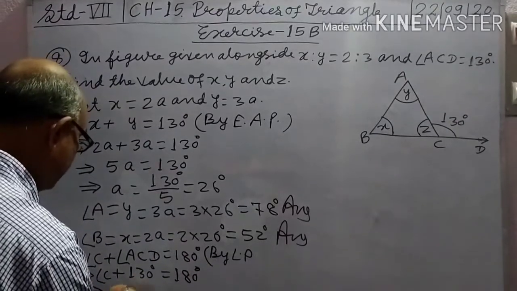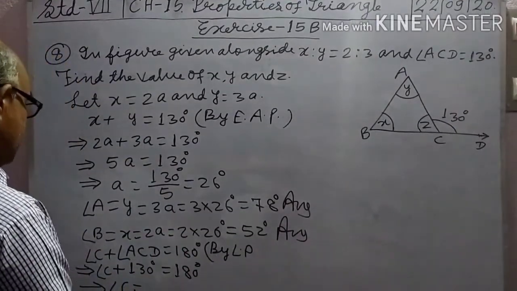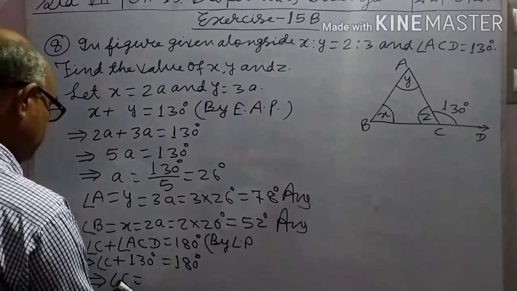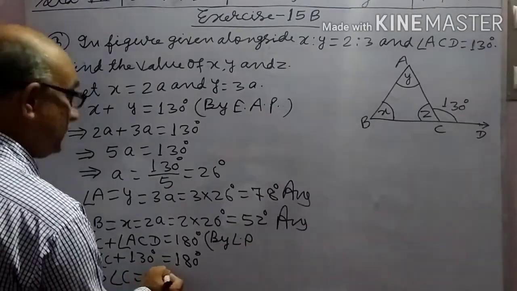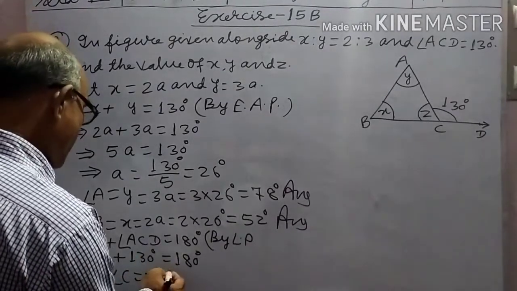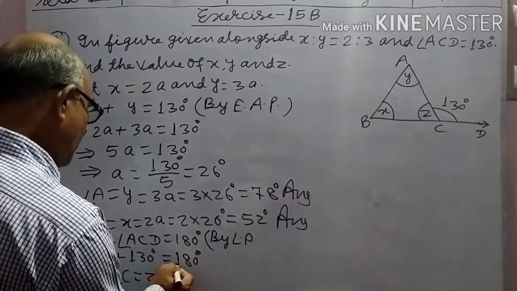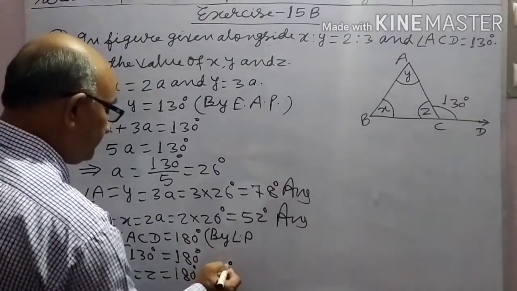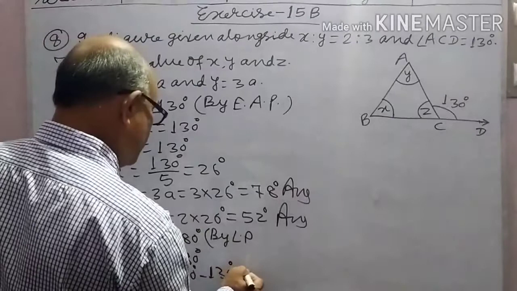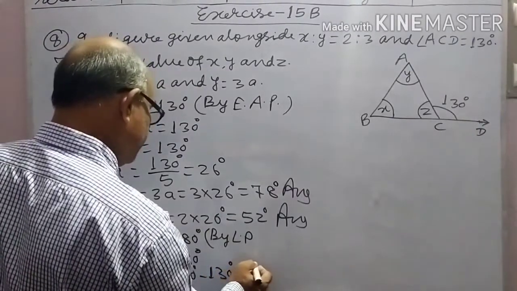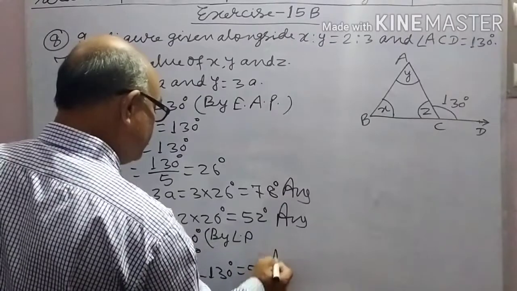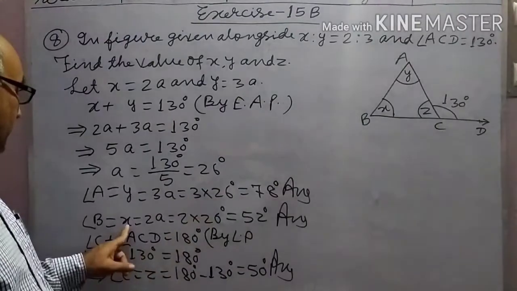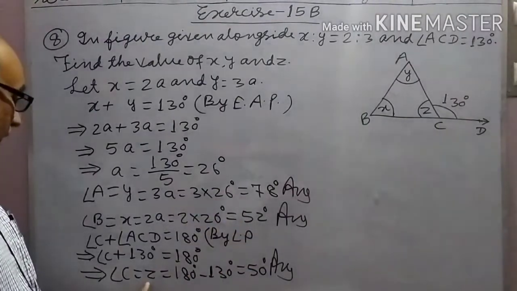That implies angle C, which means Z, equal to 180 degree minus 130 degree equal to 50 degree. Answer. Value of y equal to 78 degree, value of x equal to 52 degree and value of z equal to 50 degree.